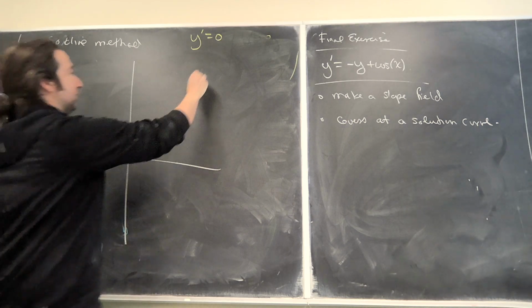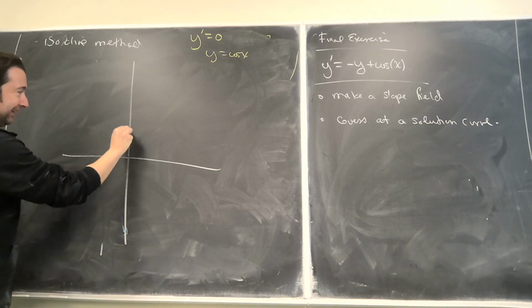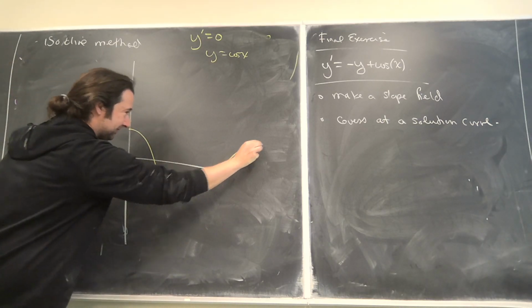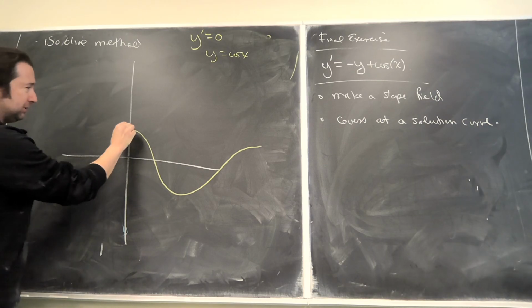Just y equals cosine x. Hopefully we can all still remember how to draw a cosine. All right, so here's a cosine. And that's going to be all slope 0.